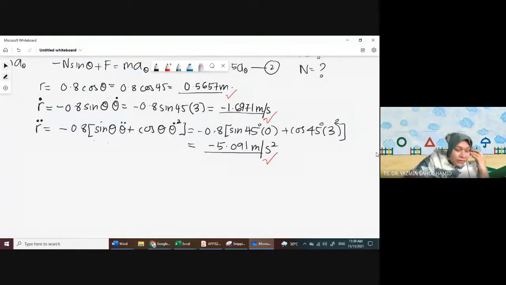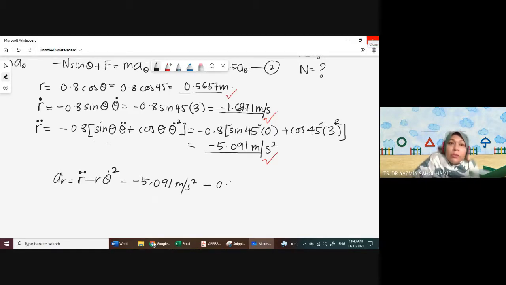Okay. Alright. So next, we can find AR. If you remember the formula, AR is R double dot minus R theta dot squared. Don't forget. So R double dot is negative 5.091 meter per second squared, minus R which is 0.5657 meter. You may have to write the unit, otherwise you'll be wrong. Times theta dot which is 3 radian per second. Don't forget there's a power of 2 here. So what's the answer? Then we can find A theta.